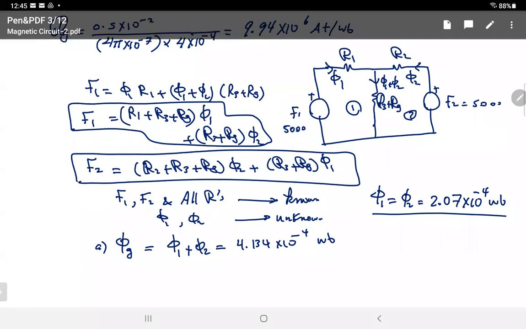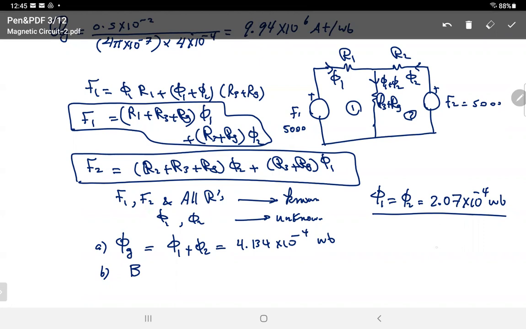The second thing was to find the air gap flux density. Flux density, or magnetic field density, in the air gap is B. So we need to know the relationship between flux and flux density.